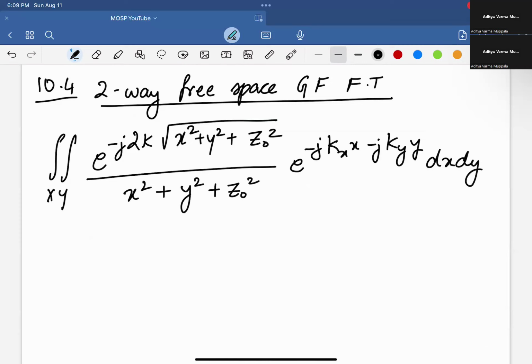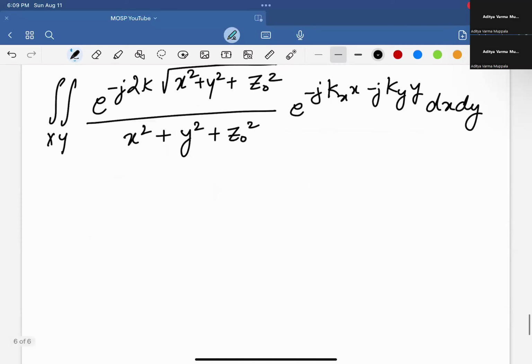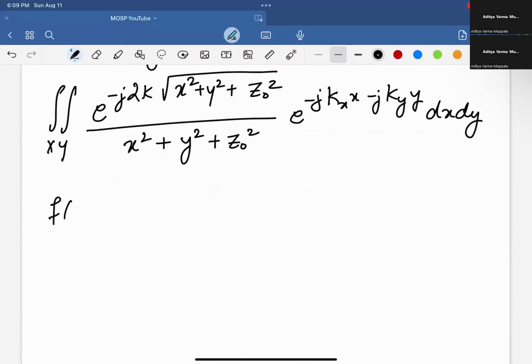That's the integral we want to find. Here f of x comma y is 1 over x squared plus y squared plus z naught squared. We saw this was the Green's function for the SAR range migration case.